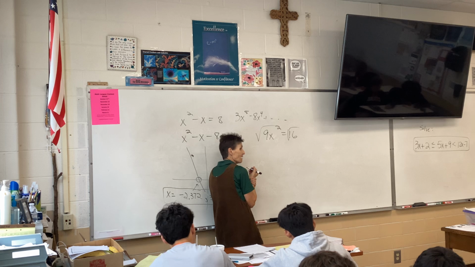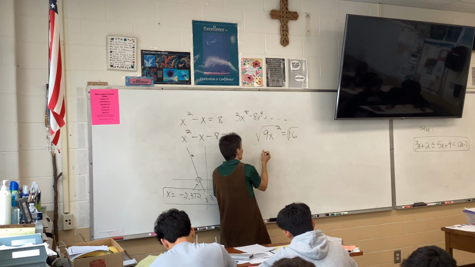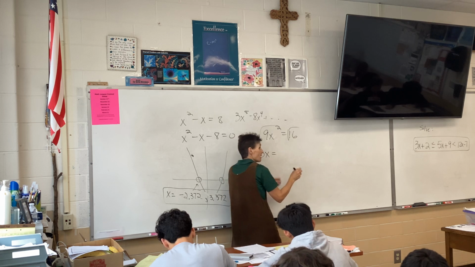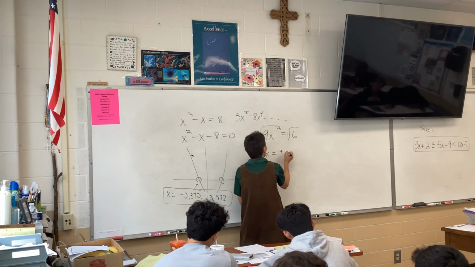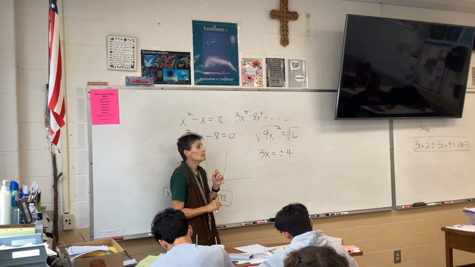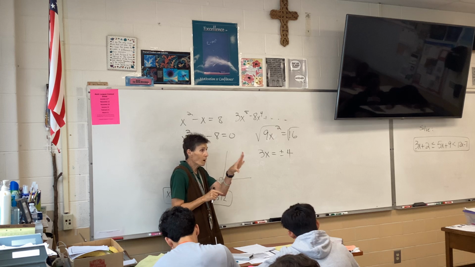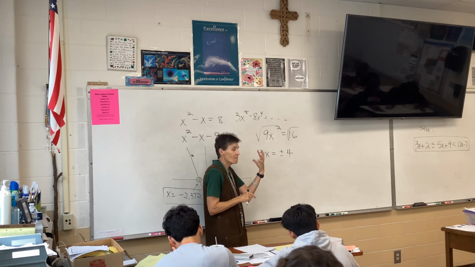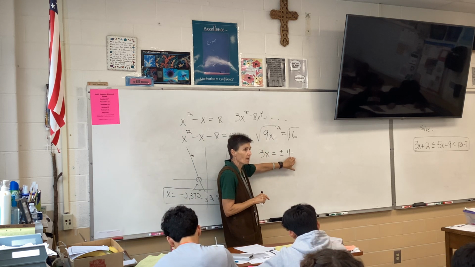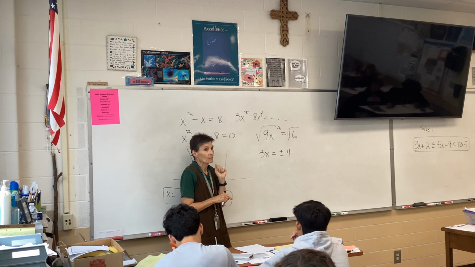So what do I have if I take the square root of both sides? 3x equals 4. 3x equals, be very careful here, plus or minus 4. When we square root both sides of the equation, one side, it doesn't really matter which one, but I always do the number, one side has to be plus or minus.